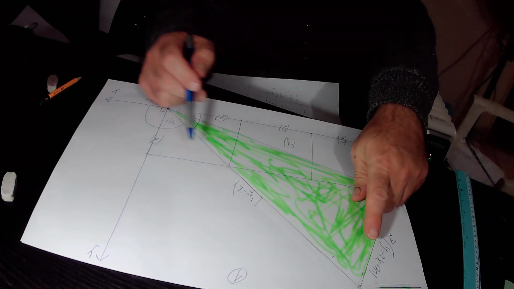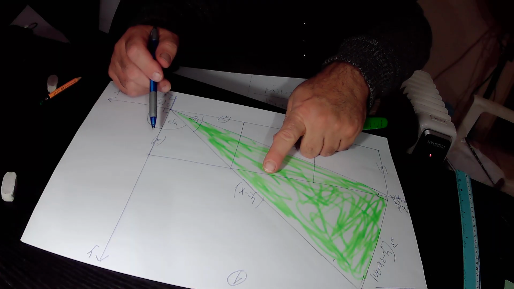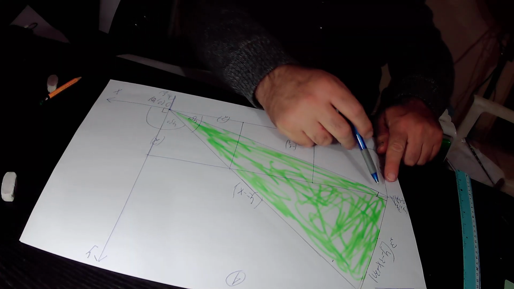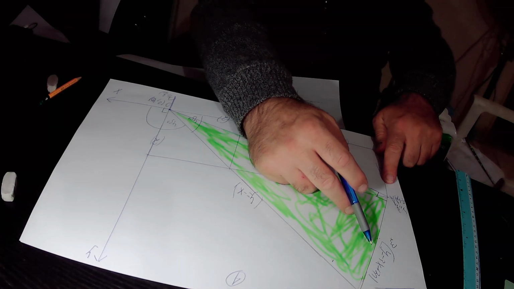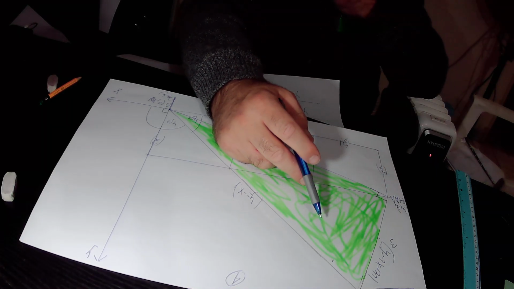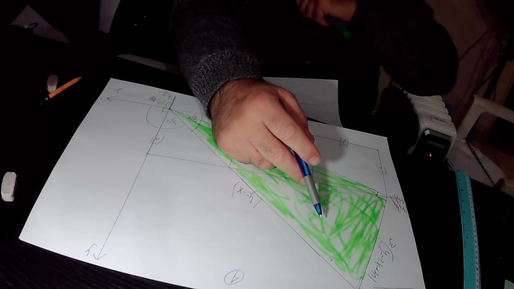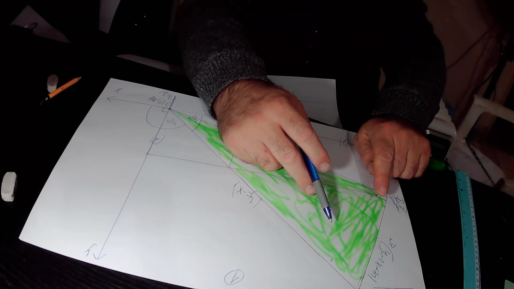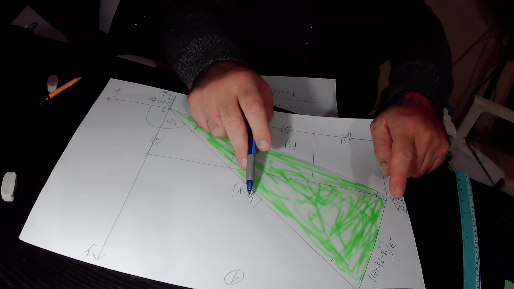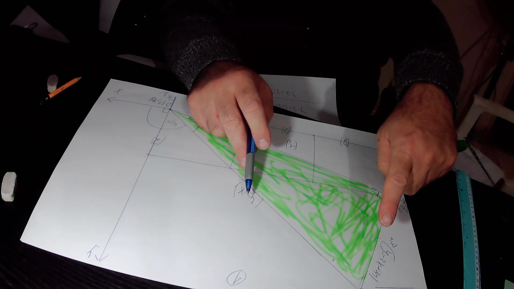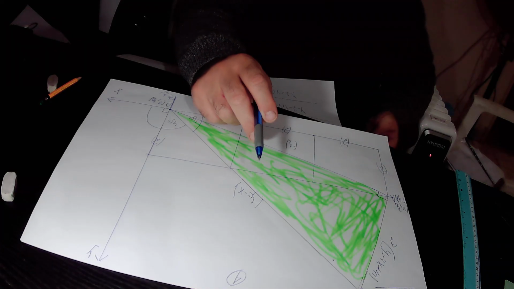The equation of this third line BO is y equals minus x, and the equation of the third line AB is y equals 3x plus 20. So point B must satisfy the equations of those two third lines because of the fact that point B is located on both third lines.